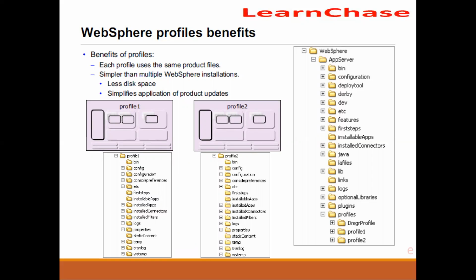If you want to deploy your application to the A profile, it will be deployed to the A profile, and if you want to deploy your application to the B server, you can deploy to the B profile. These A and B profiles will be available on the base of the application server. All these profiles will be shared across the same application server.